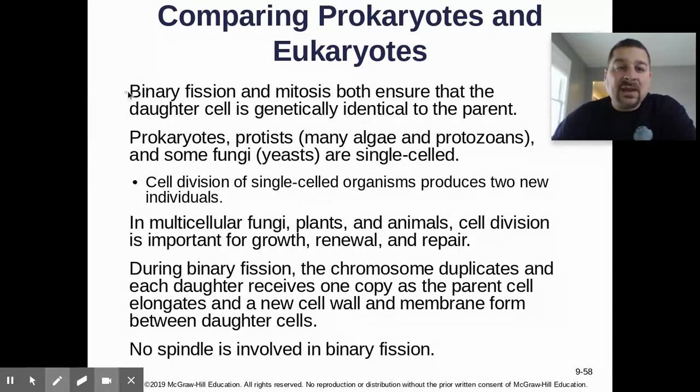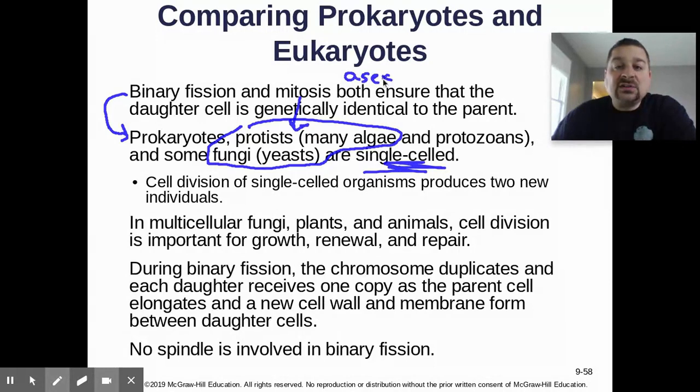Binary fission, we're talking in prokaryotes. Some protists and fungi, so algae and yeast that are single-celled, would be going through mitosis, and it would also be asexual reproduction. But they would be eukaryotes that are using mitosis to divide, to make more yeast or more algae, to make more organisms.